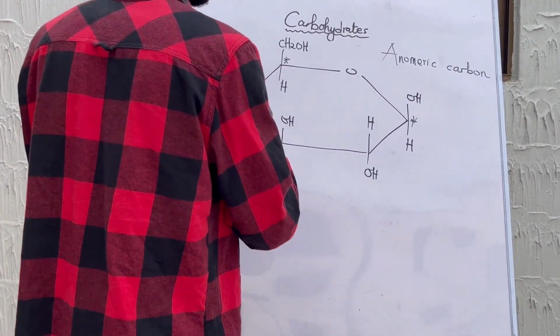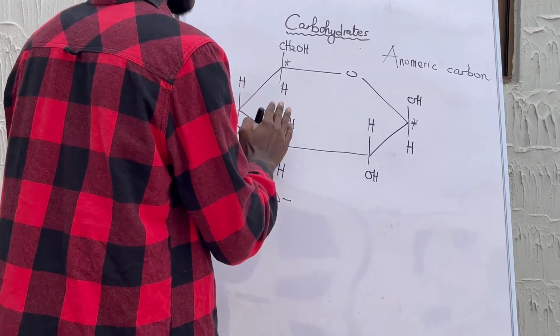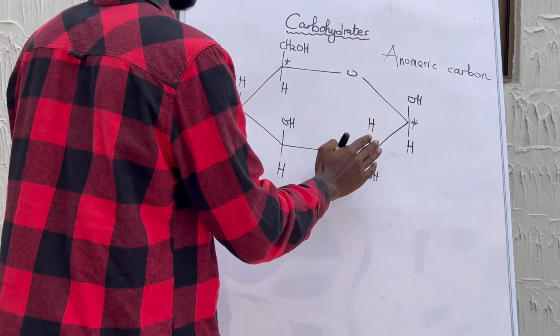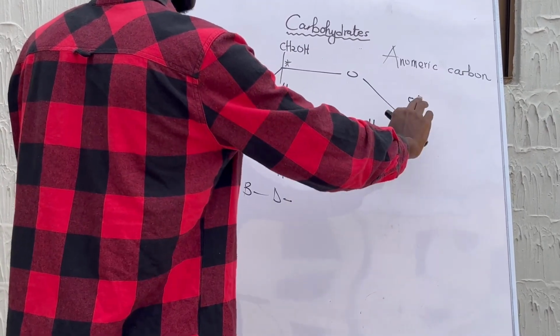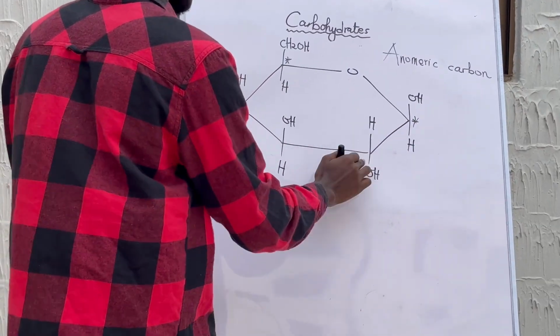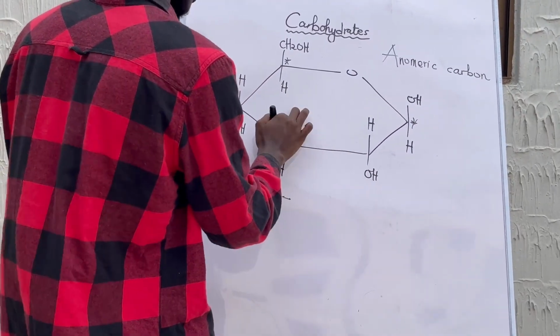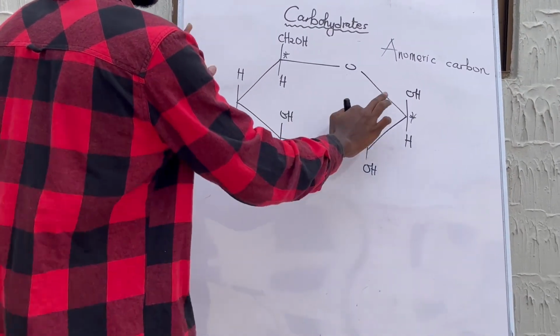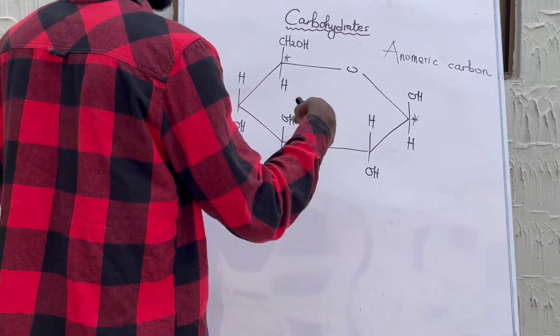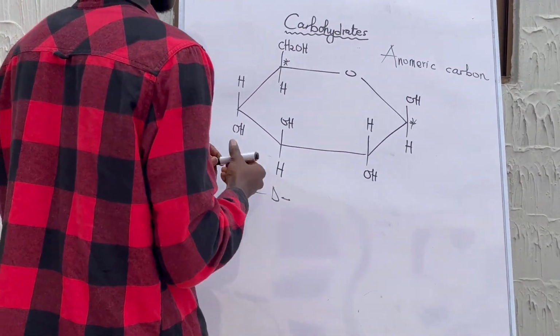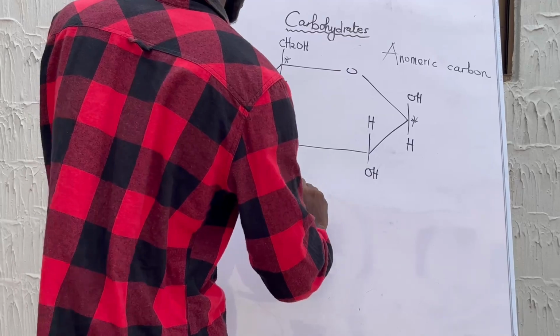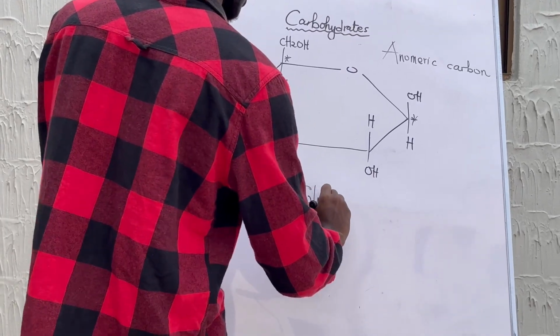You can also memorize this particular structure because it's very easy. For this side, we don't take it into consideration. We take only this part into consideration: OH, OH, OH. These are the things we consider for us to call it glucose. So now we have glucose, but you can't just write glucose like that.